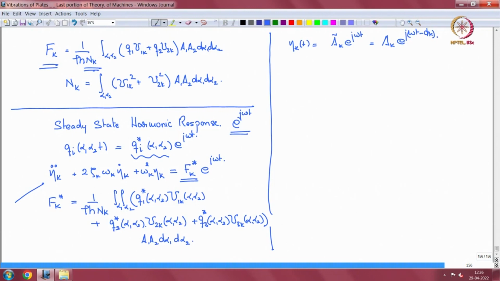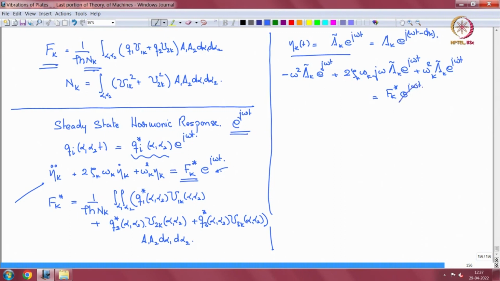Then if I substitute this back into this equation, I get minus omega square gamma k tilde e to the power j omega t plus twice zeta k omega k j omega gamma k tilde e to the power j omega t plus omega k square gamma k tilde e to the power j omega t is equal to fk star e to the power of j omega t.